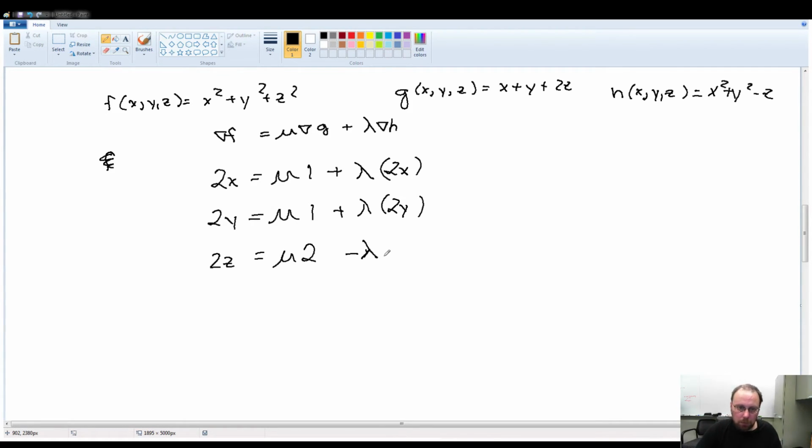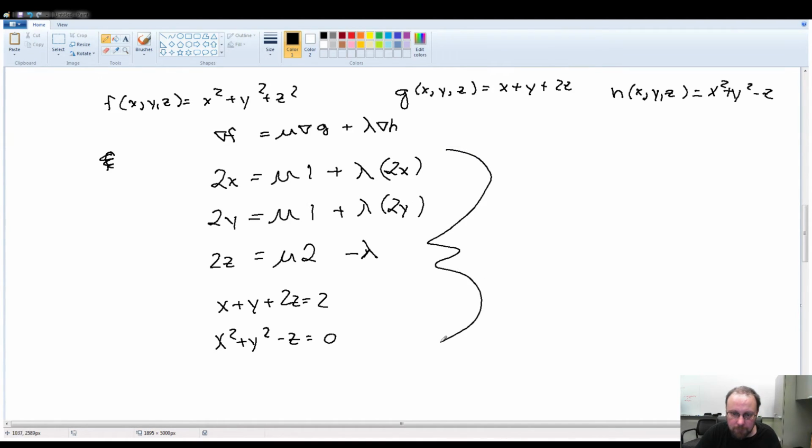Okay. And then we have the constraints themselves. Okay, and this is our system.